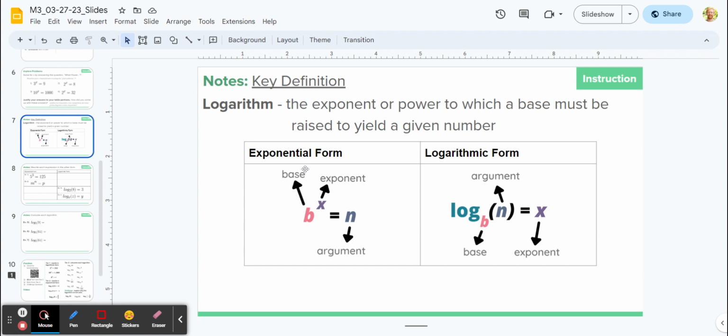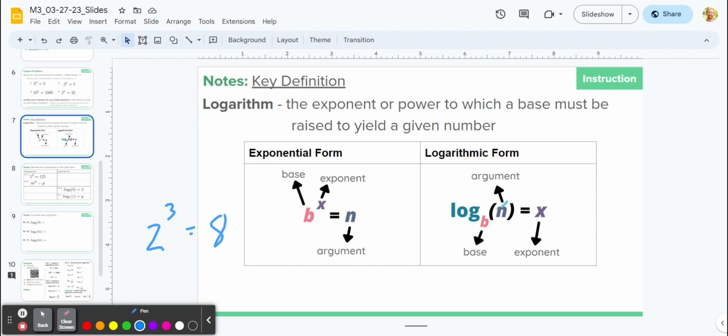So if you look down here at exponential form, we have a base, an exponent, and what we're going to call an argument. All right, b to the x power equals n. Similar to how 2 to the third power would equal 8. Okay, 2 is our base, 3 is our exponent, 8 is the argument. Well, we can rewrite this in a different way called logarithmic form.